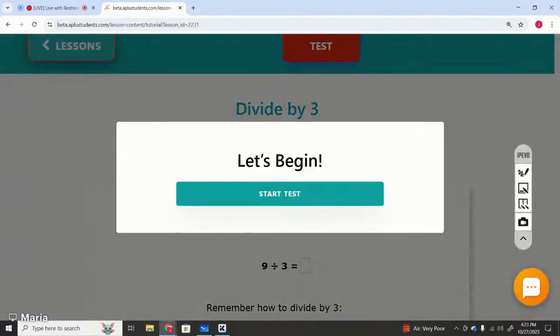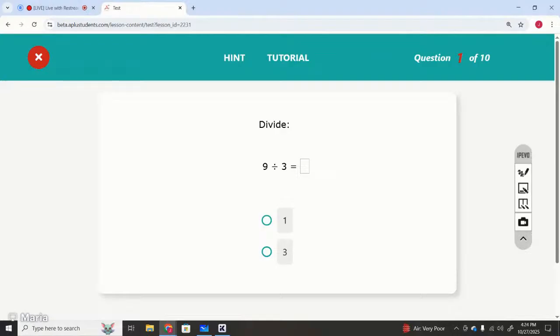You need the multiplication tables first, then you can start working on the division. 9 divided by 3. So 3 times what number is 9? That is 3 times 3 is 9.